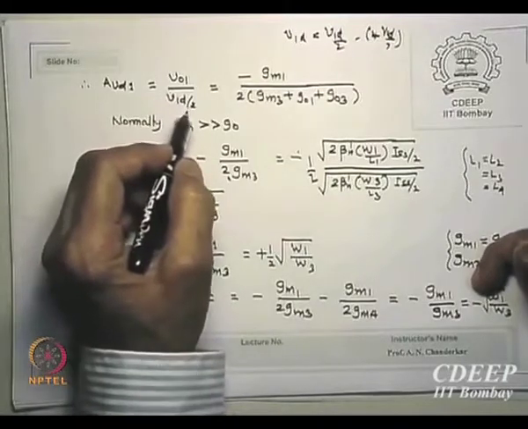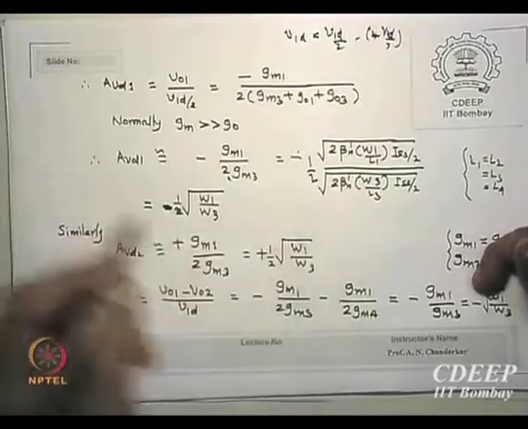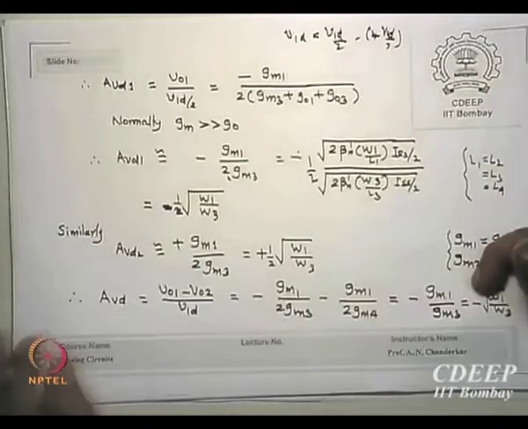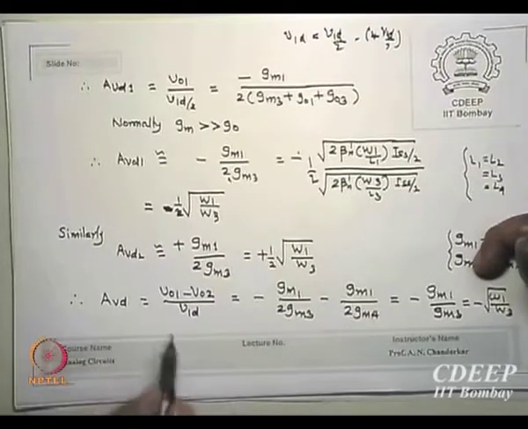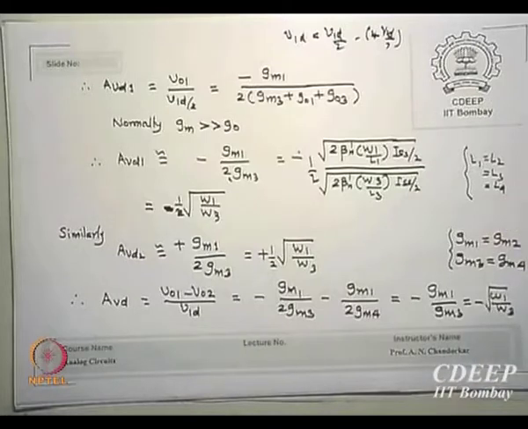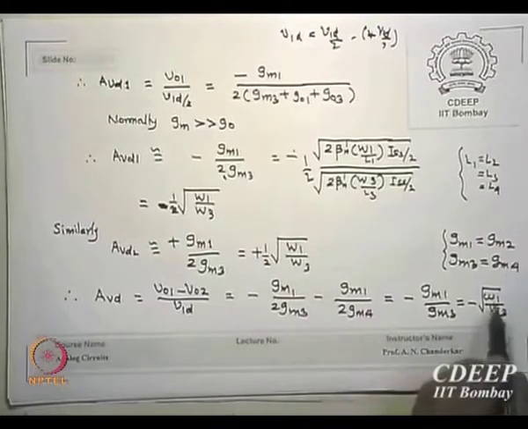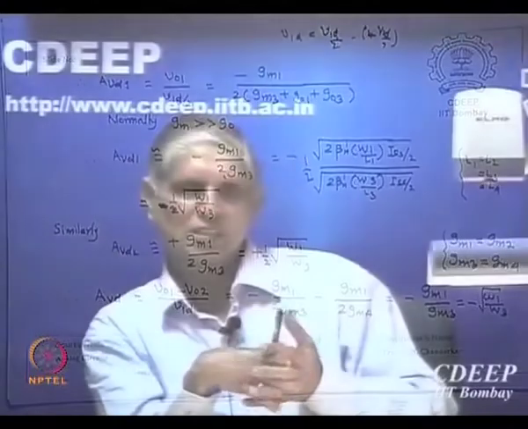2 by 2. But same for the other one also. So when I take the sum of this, VID by 2 minus VID by 2 will get subtracted out anyway to get you VID. Is that correct? So when I sum these two, I get VID, and AVD is W1 by W3. What does that mean? What is the advantage or disadvantage I see in this expression?